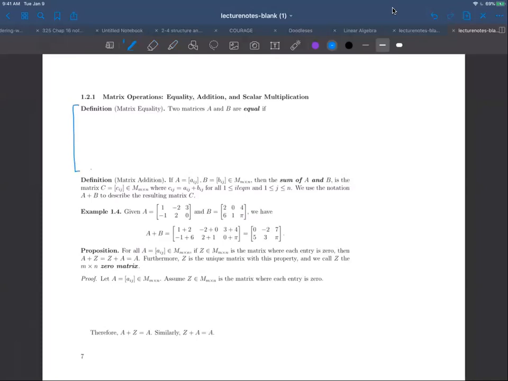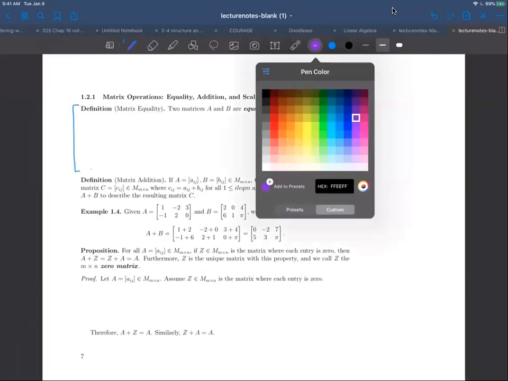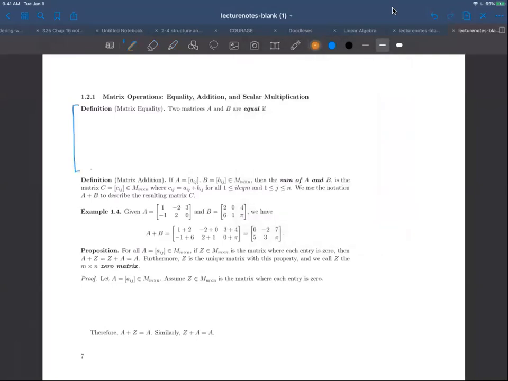So one thing to think about is, what are some things that aren't equal? Here's some scratch work on the side. If I write down the matrix 1, 2, 3, 4, and the matrix 1, 0, 2, 3, 0, 4, I might ask, are these matrices equal?